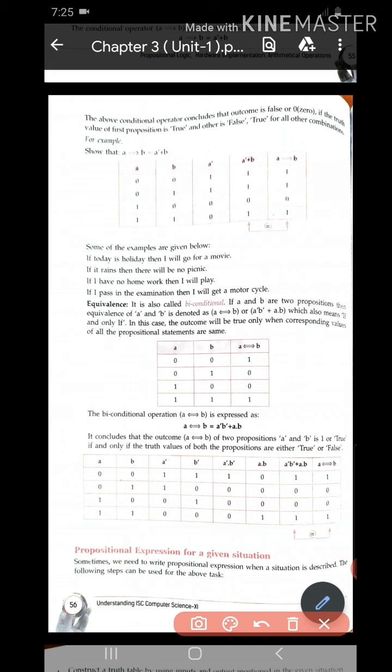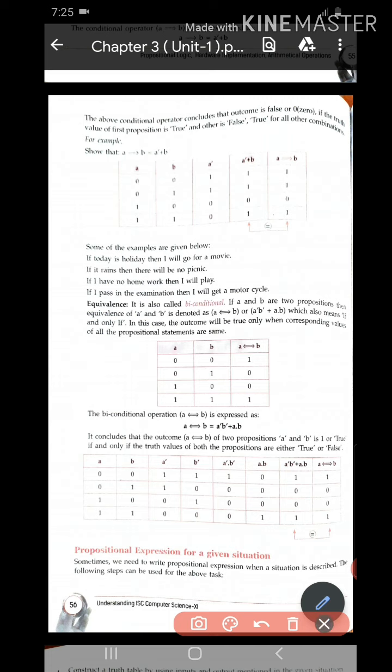See, we are having the value of A dash plus B, that is 1101, then A implies B is having the same value because it is just a symbol. We are finding the value of this symbol by using A dash plus B.